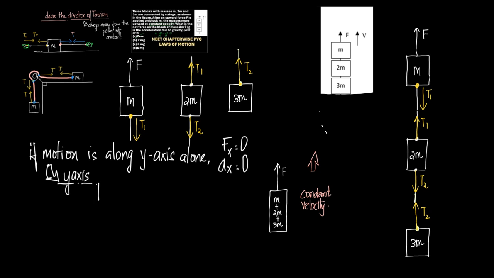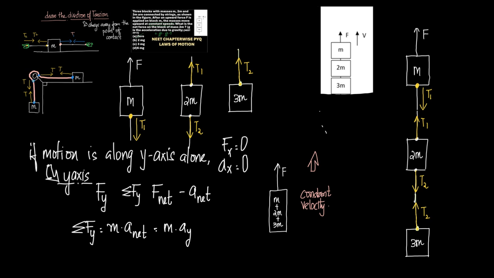Now, the forces acting on this body would be Fy, right? And the sum of all the Fy would give us the F net, which would result in A net, right? So if you were to write the equation here, how do you write this? We can write that sigma Fy is equal to m into A net, which is equal to m into Ay.